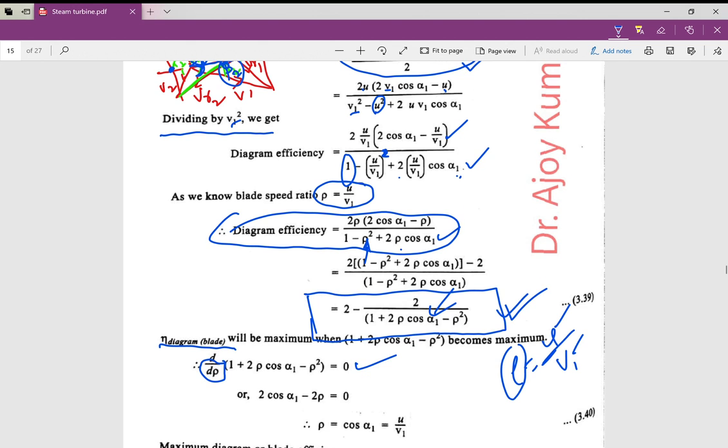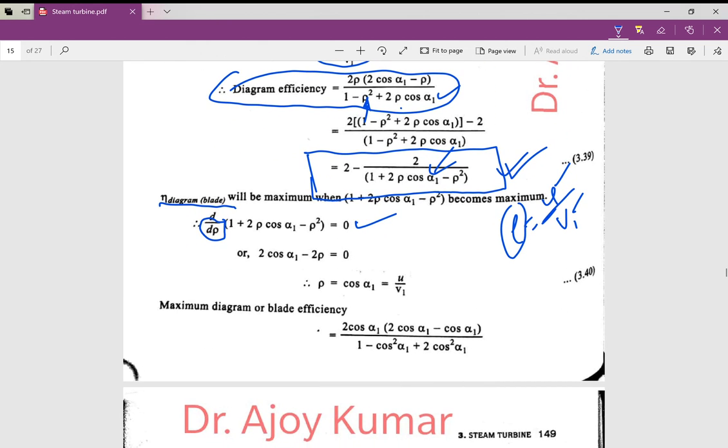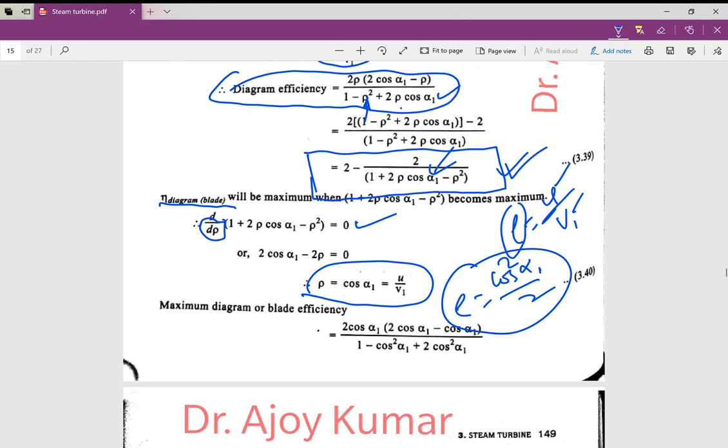In this way we get the value of rho that is equal to cos alpha 1, it comes as U upon V1. So dear students, if you remember, in impulse turbine this rho was coming cos alpha 1 by 2, and here it is cos alpha 1.